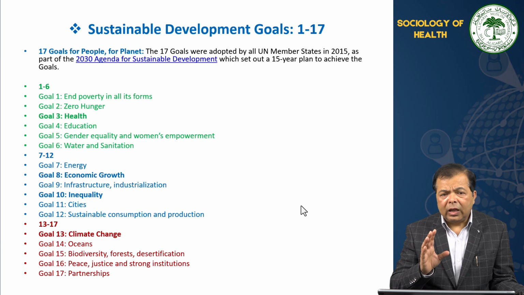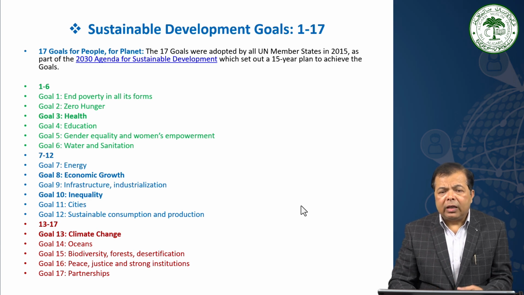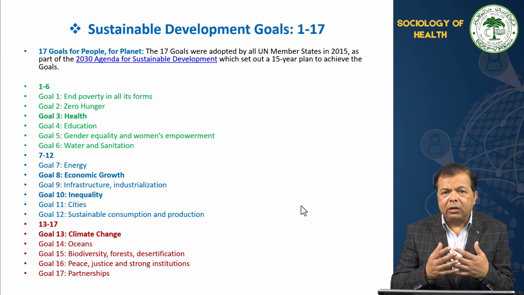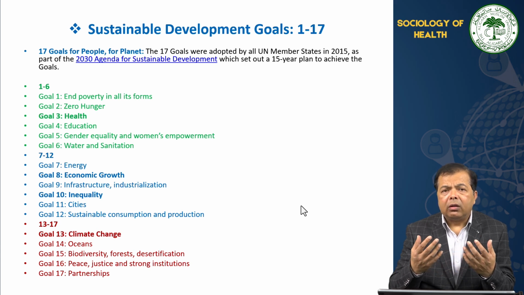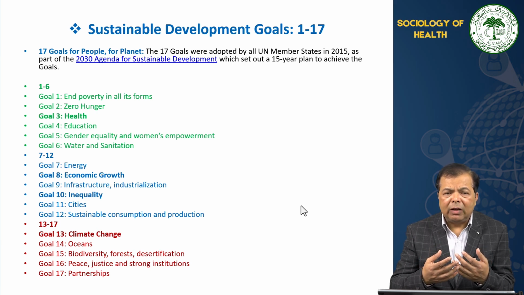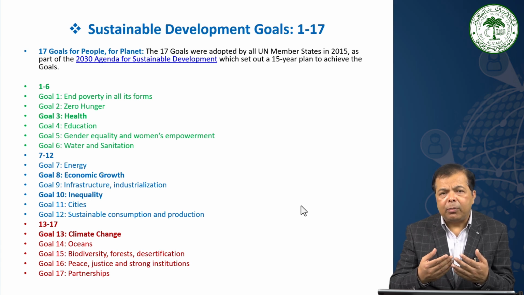So, inclusion of goal number 12 is very important, not only in isolation but for all other goals to work appropriately, because ultimately we are talking about the sustainable development goals. So this sustainable consumption and production is applicable in all other goals also.